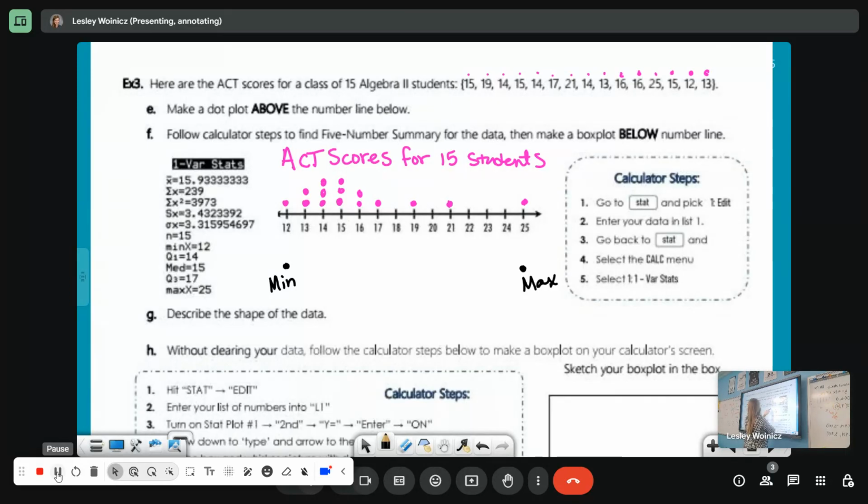So my quartile 2 is going to go there. Where's quartile 1? 14, right next to it. And quartile 3, 17. The quartiles are what make up the little rectangle. So here's Q1, Q2 is somewhere in the middle, and here's Q3.